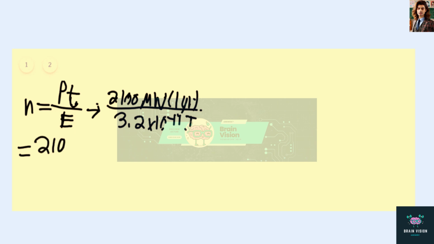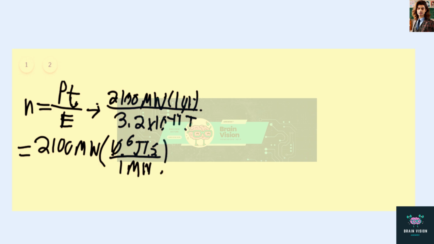So expanding on this now, we need to do that conversion from megawatts to watts and then years to seconds. So we have 2100 megawatts. We've got to go 10 to the 6th for mega, joules per second, that's equal to 1 megawatt.